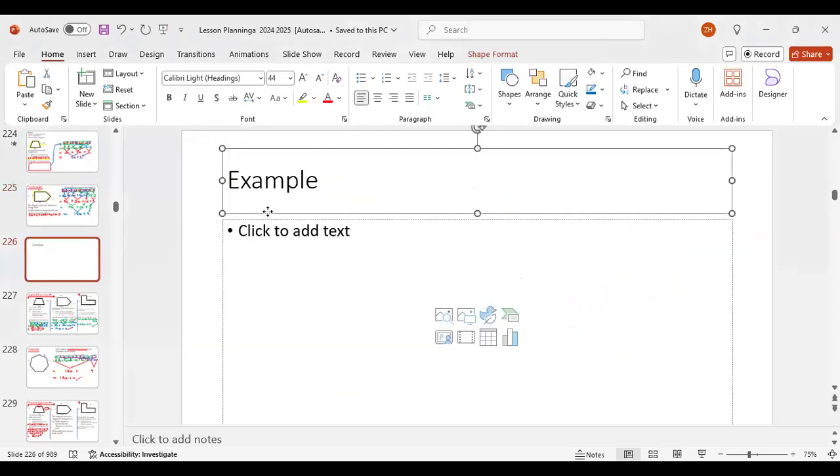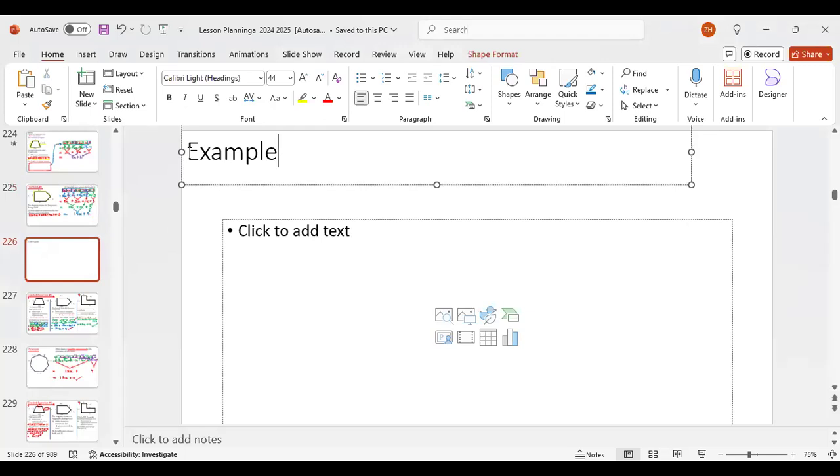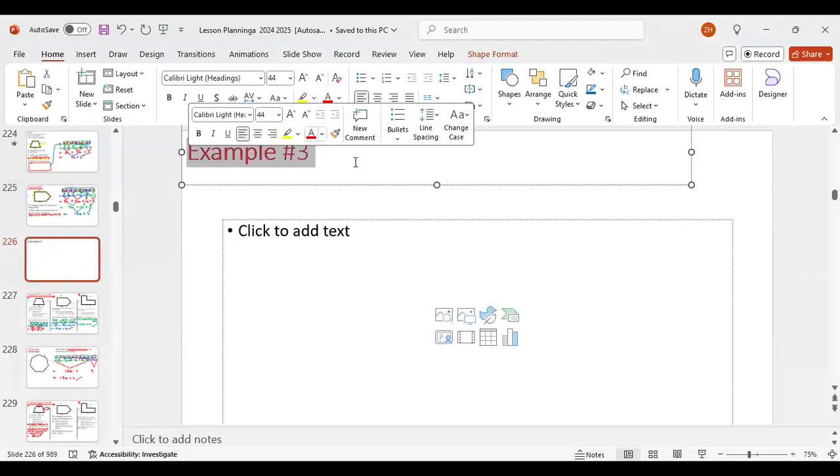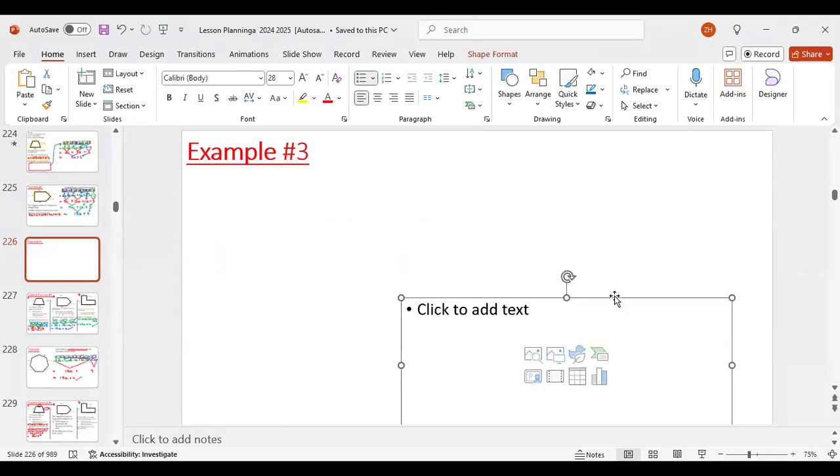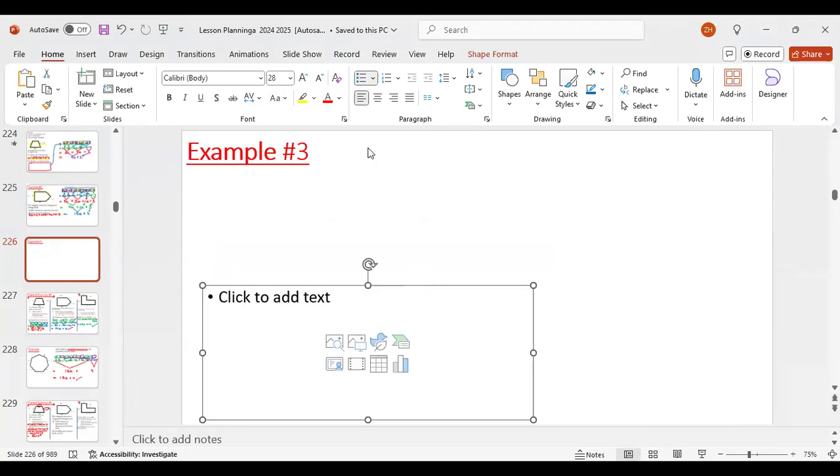Okay, so example number 3. For this one, I hope that we are able to get it on our own. I hope that all the answers in the chat are actually accurate.